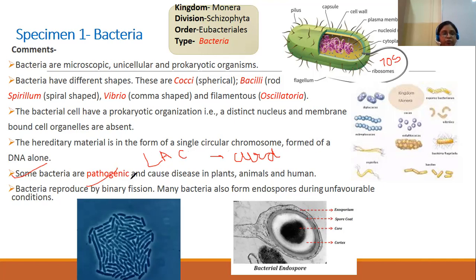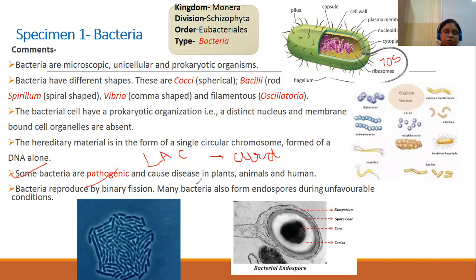Pathogenic bacteria, pathogen means a disease-causing organism. So in this case, these bacteria cause diseases in animals as well as in humans as well as in plants. Fine. So a variety of diseases are caused by these bacteria in humans. Let's say, for example, Diplococcus pneumoniae.